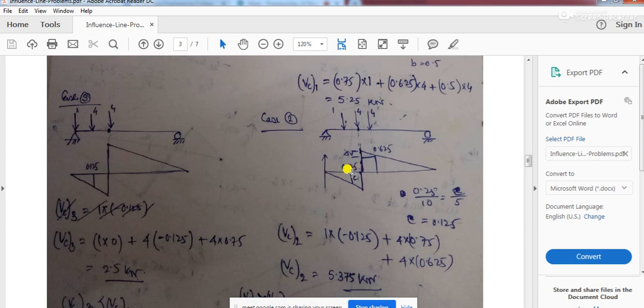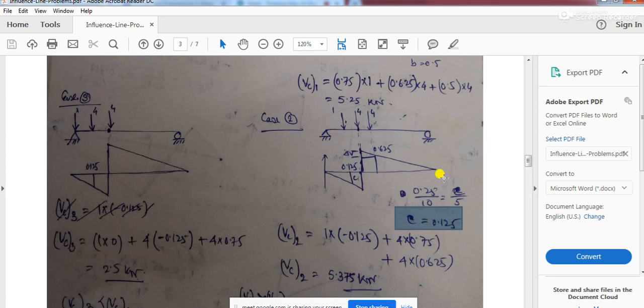The load has moved this much amount, 5 meter, so this distance will be 5. So you get 0.25 by 10 equal to C by 5, and you can calculate the ordinate of C. You must be very clear about this ordinate calculation. It is very simple. You just calculate using the position of the load and the similar triangle concept.